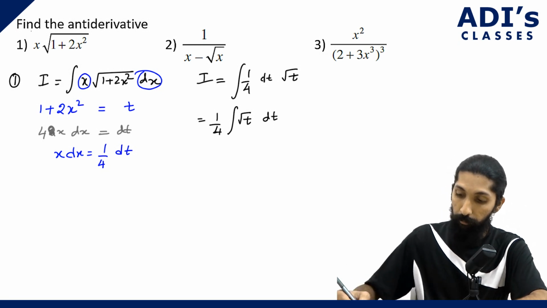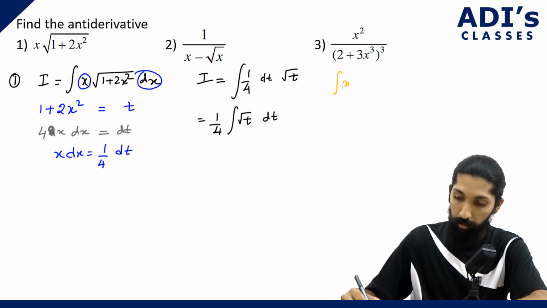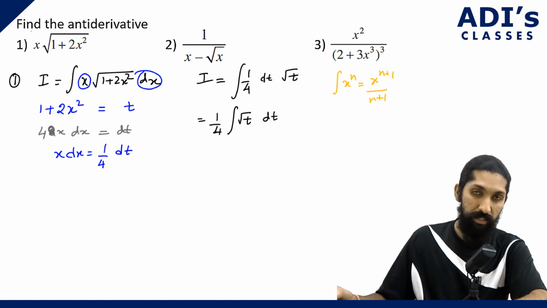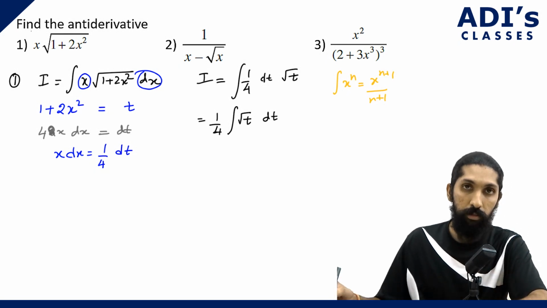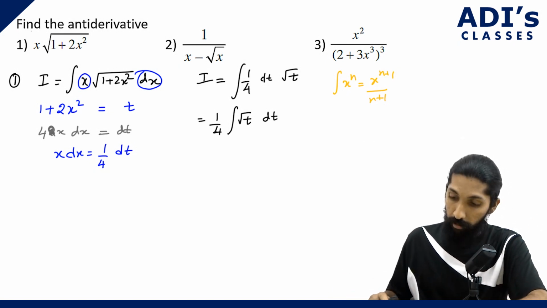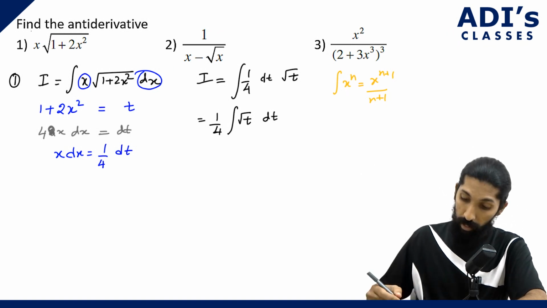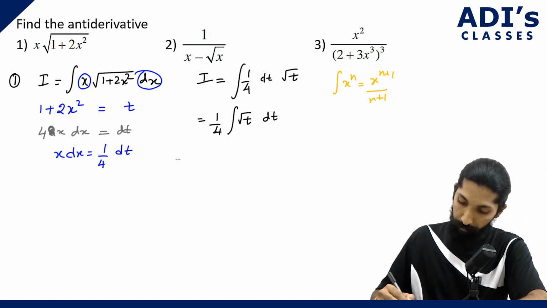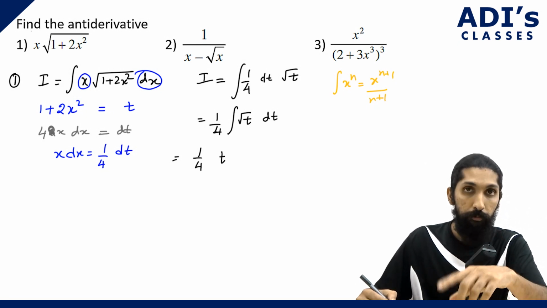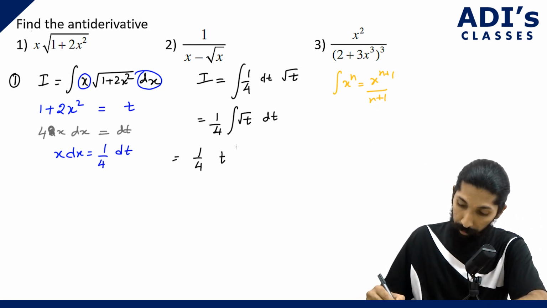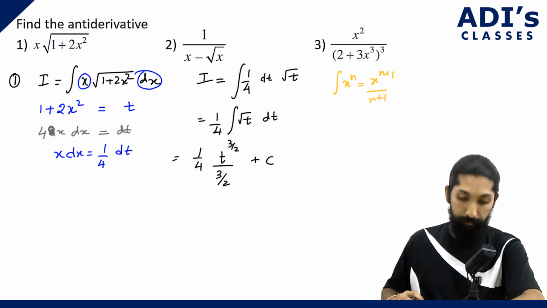Now let's recap. What is integral of x to the power of n? X power n plus 1 divided by n plus 1. Of course, plus c is there. That's not really that important anyway, right? So this is going to give us 1/4 of t to the power of half plus 1. Half plus 1 is 3/2, divided by 3/2 plus c, right?